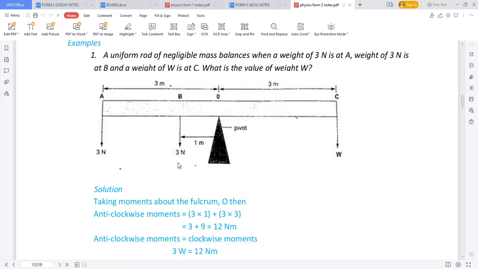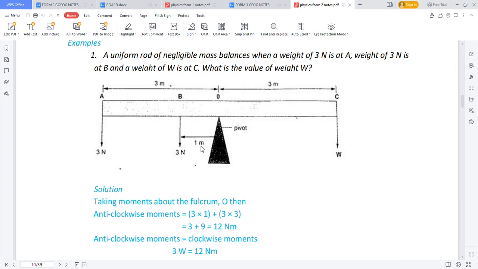We have said moment is the product of force and perpendicular distance from the turning point. From point A to O we have 3 meters. Then from point B to the turning point, the pivot, we have 1 meter.